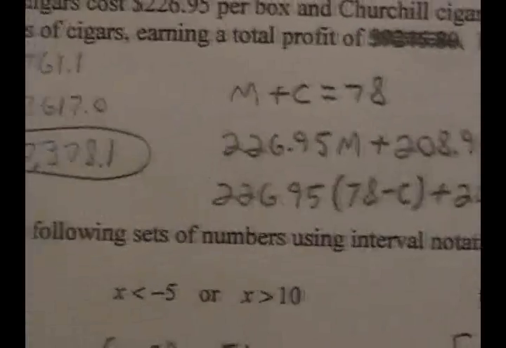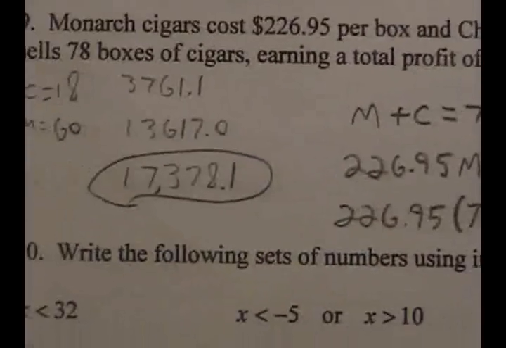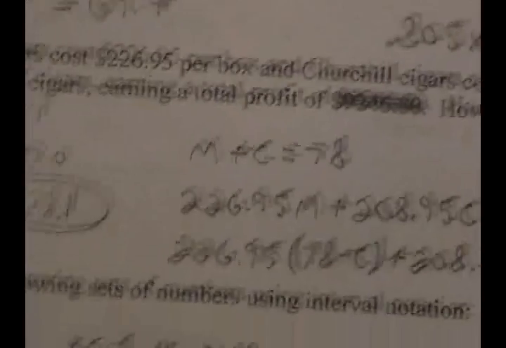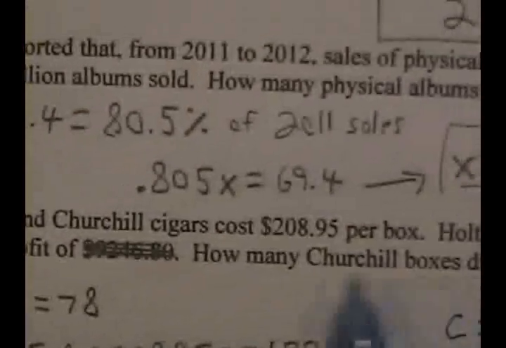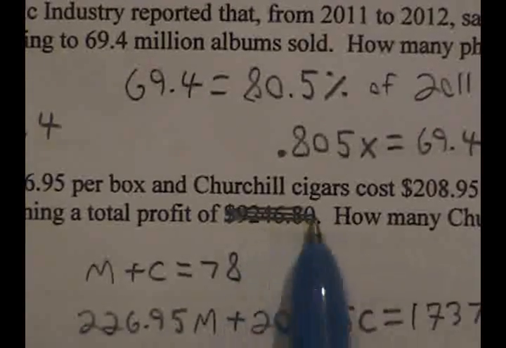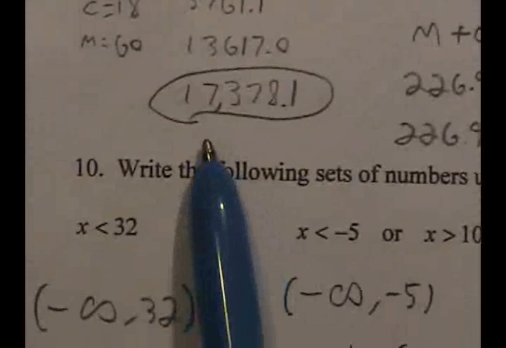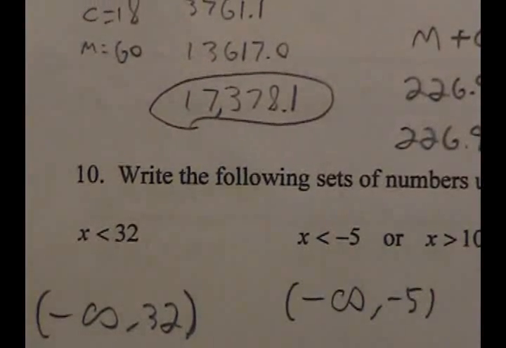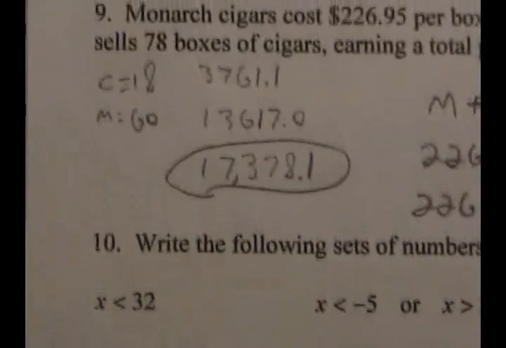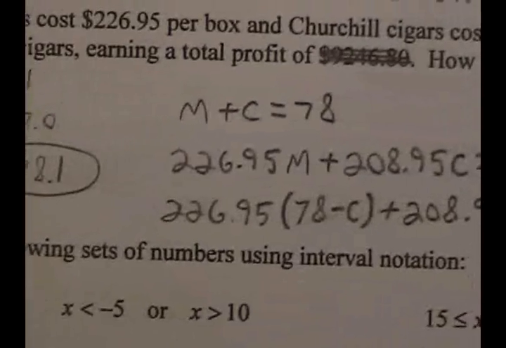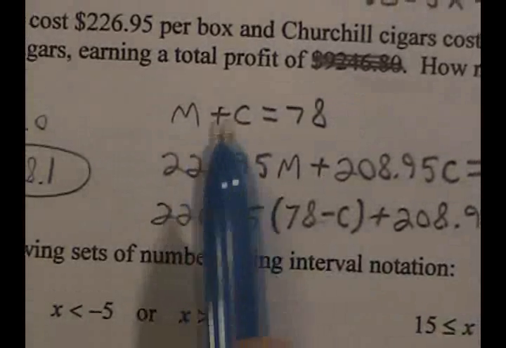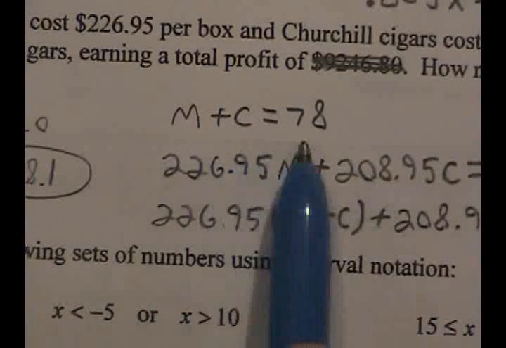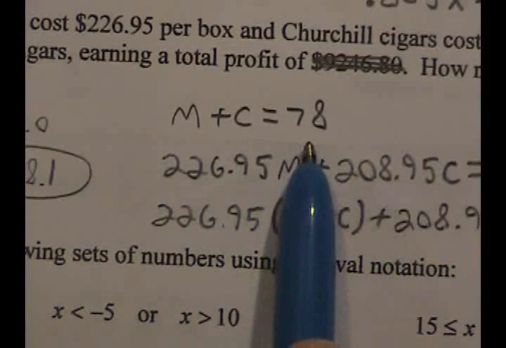Alright, the cigars one, the way to set that up, first of all, I had to change the given amount to 17,378.1 so that the problem actually worked out. But the way that it goes is you would set up the Monarch plus the Churchill has to add up to 78.